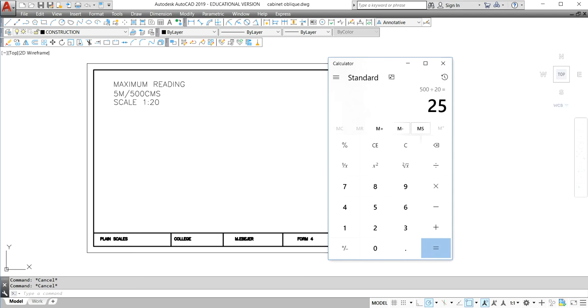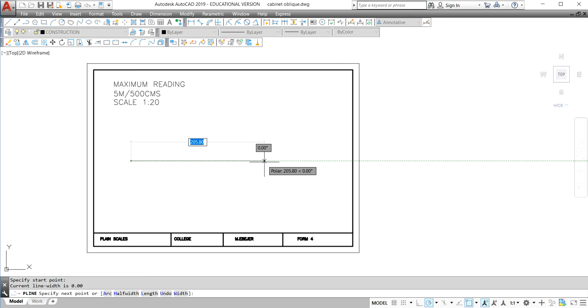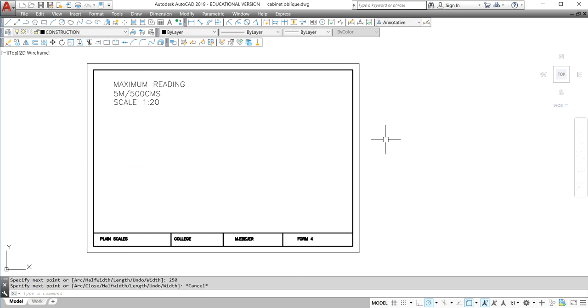If we do this wrong, the whole ruler will be wrong. This is the base of the ruler. So we're going to draw a horizontal line of 25 centimeters, or 250 millimeters. This line represents 5 meters at a scale of 1 is to 20.